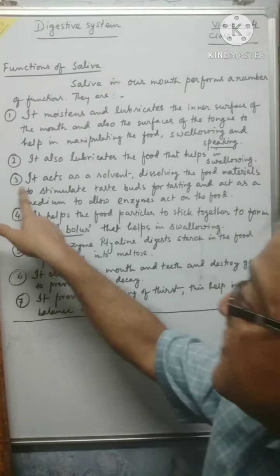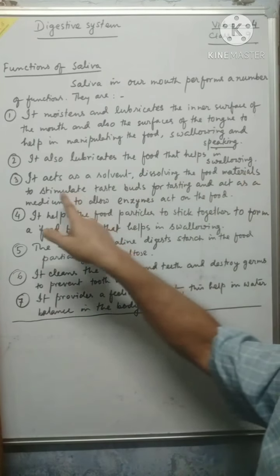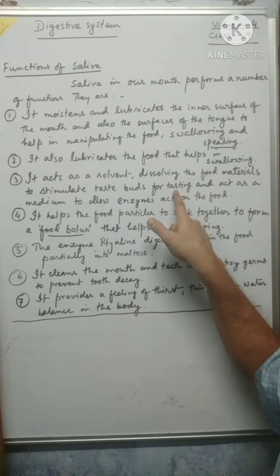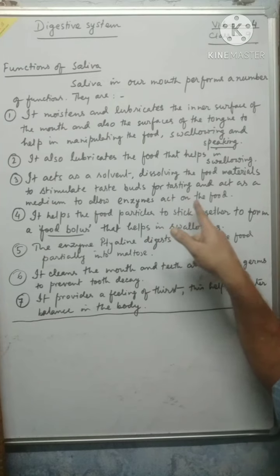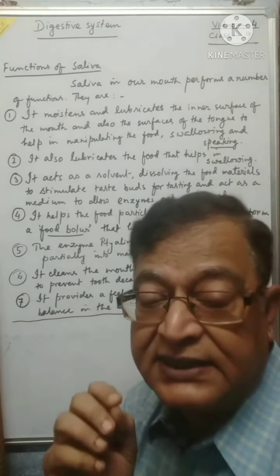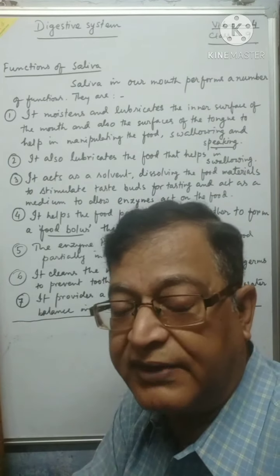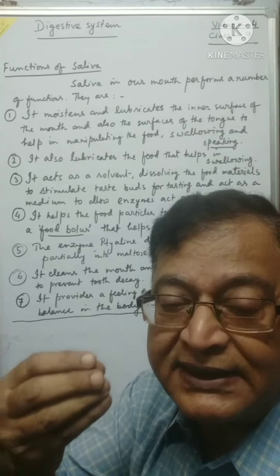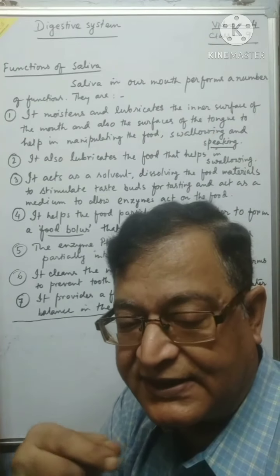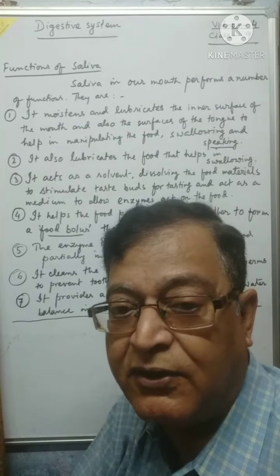Third point, it acts as a solvent, dissolving the food materials to stimulate taste buds for tasting, and acts as a medium to allow enzymes to act on the food. The food materials that we eat need to be dissolved in fluid so that they can be tasted. Taste buds present on the tongue, I have already explained in a previous video.